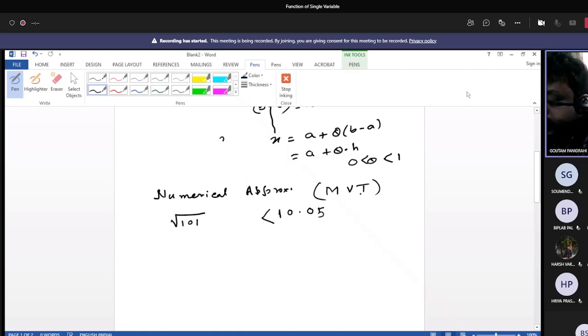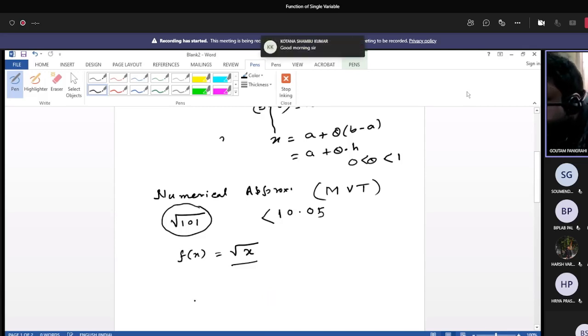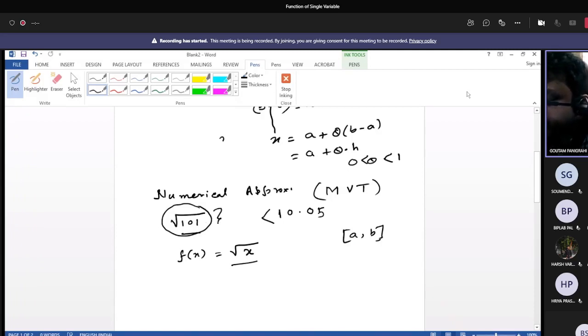In order to perform this type of numerical approximation, first of all you have to assume a function f of x as root over x. Now you have to concentrate on which interval ab to take. You have to start from some known value.